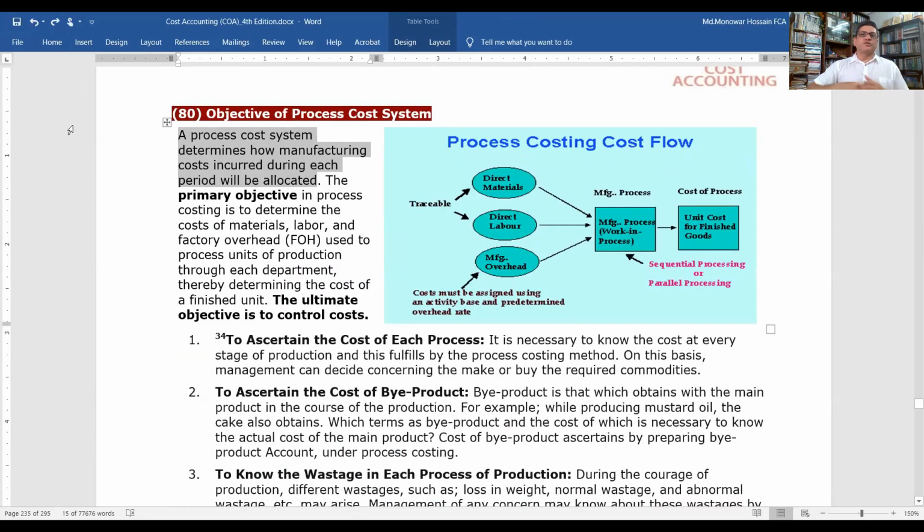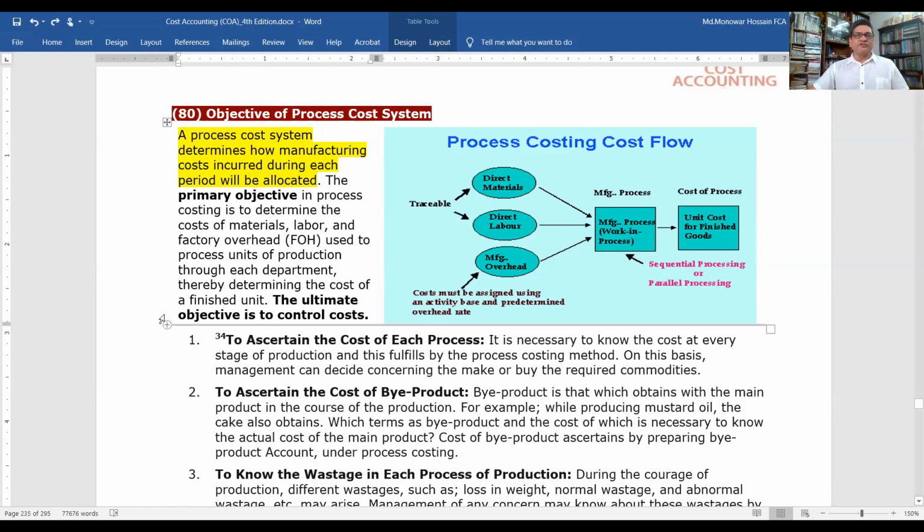So, the objective of a process cost system. A process cost system determines how manufacturing costs incurred during each period will be allocated. The primary objective in process costing is to determine the cost of material, labor, and factory overhead used to process units of production through each department, thereby determining the cost of a finished unit.